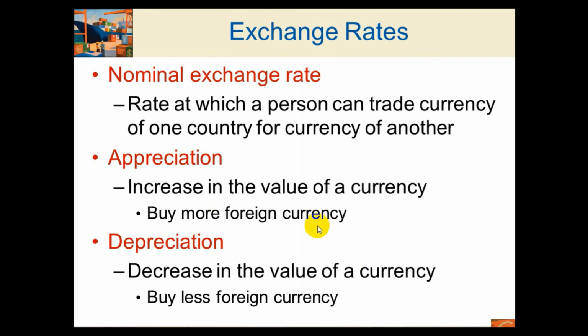If a dollar buys more foreign currency, there is an appreciation of the dollar. On the other hand, depreciation is a decrease in the value of a currency. If a dollar buys less foreign currency, there is a depreciation of the dollar. For example, when the exchange rate rises from 10,000 rupiahs to 13,000 rupiahs per dollar, the dollar is said to appreciate. And at the same time, the rupiah is said to depreciate.